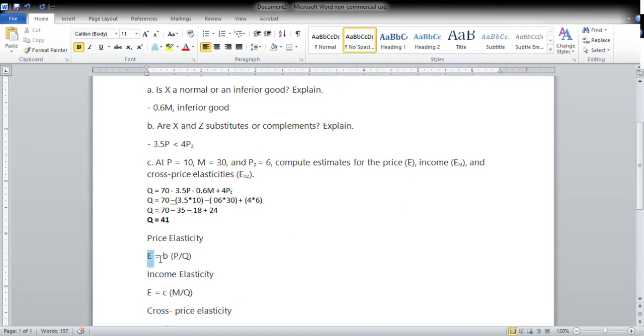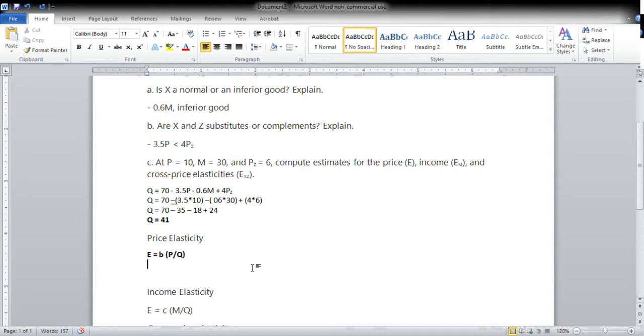So our price elasticity formula. So our price elasticity is the estimate equals the factor of the price of the variable in question.